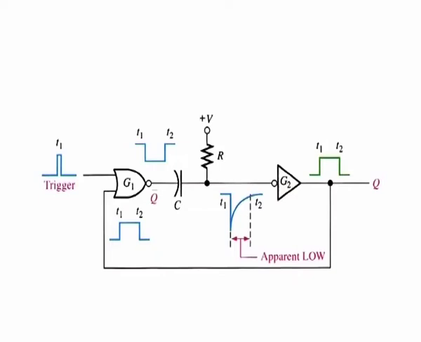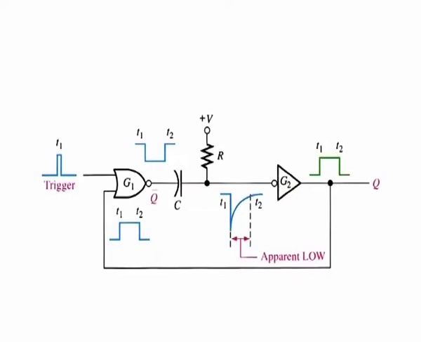The capacitor immediately begins to charge through R towards the high voltage level. The rate at which it charges is determined by the RC time constant. When the capacitor charges to a certain level, which appears as a high to G2, the output goes back low.